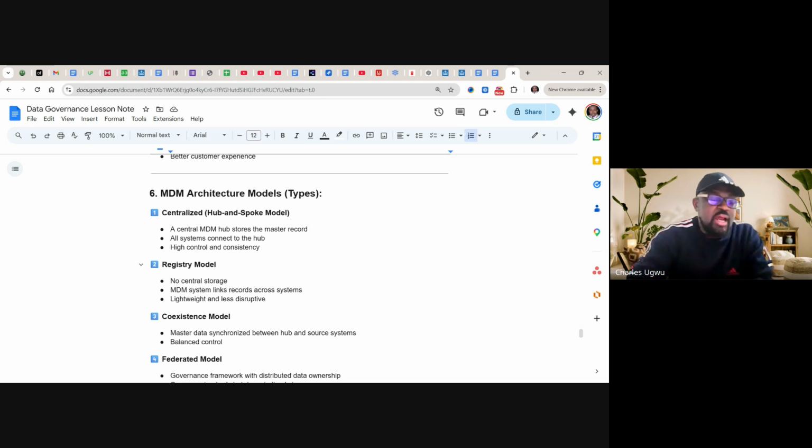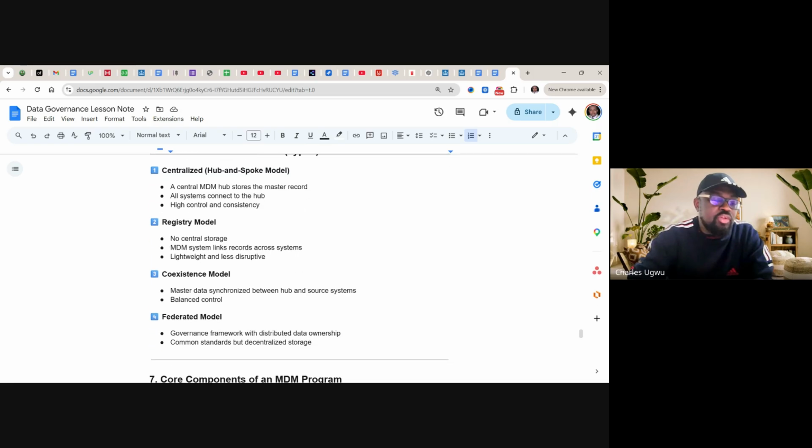We have the federated model of master data. In the federated model, we have a framework with distributed data, meaning that you are going to use this framework to manage your data. The data set is distributed. For instance, let's use the federal government.